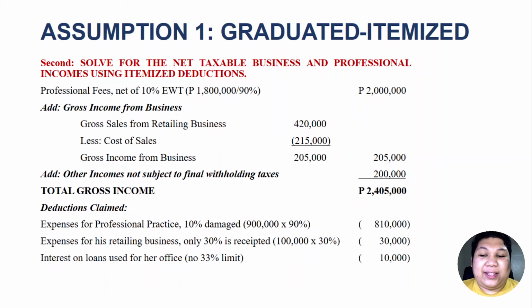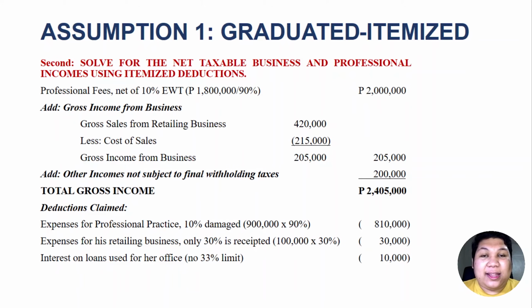And we will also deduct interest on loans. Take note that the interest expense was 10,000 pesos. And that interest expense should be, or supposedly, subject to the limit of 33%. Okay? If you can still recall our discussion on interest expenses, if you have watched that video, it is said that interest expenses could only be deductible, but we will have to deduct the 33% limit, and that limit is based on the interest incomes subjected to final taxes.